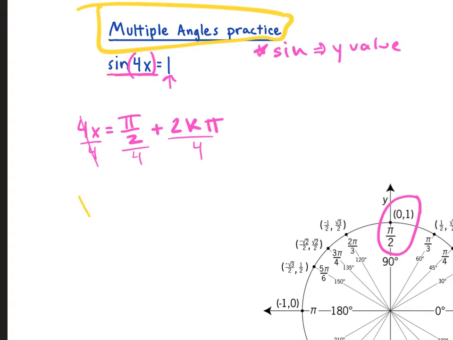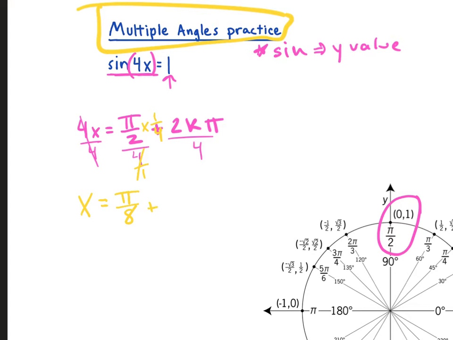So now we get x is equal to, how do we simplify pi over 2 divided by 4? Is it pi over 8? Yeah, it would become pi over 8. We could say this is 4 over 1, so we keep, change to multiplication and flip, so 1 over 4. So this would be pi over 8.